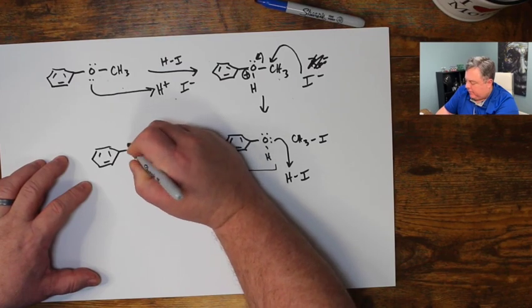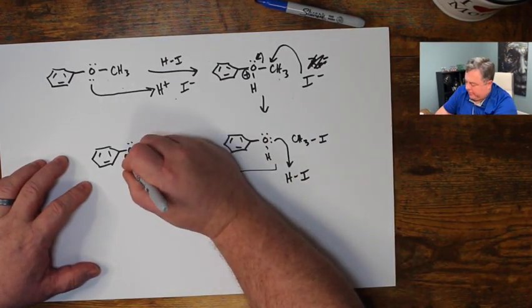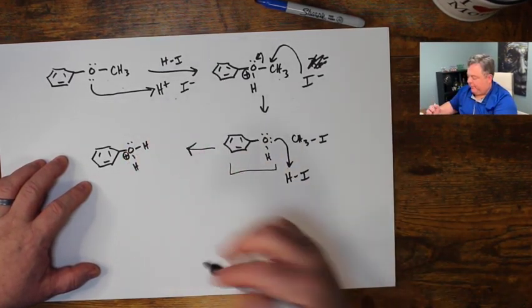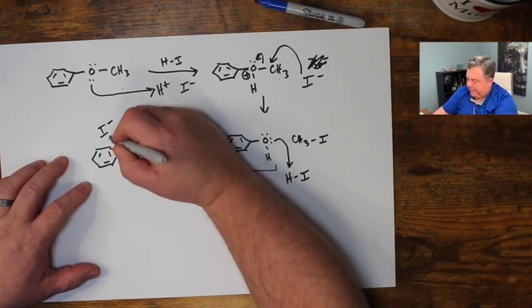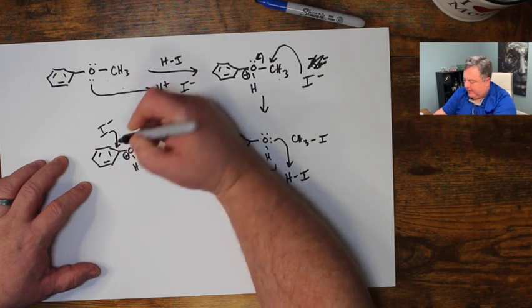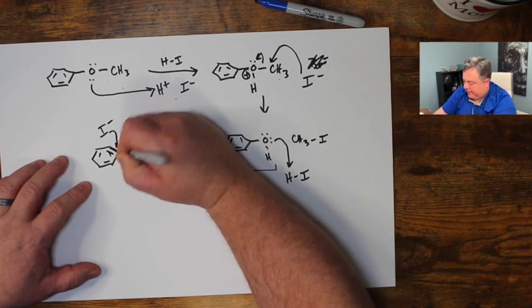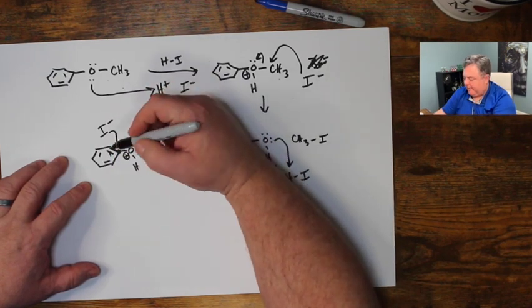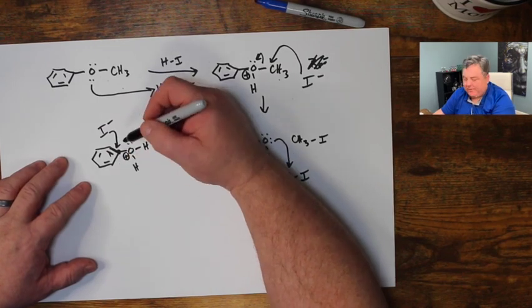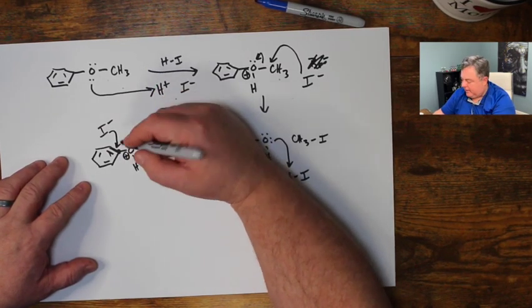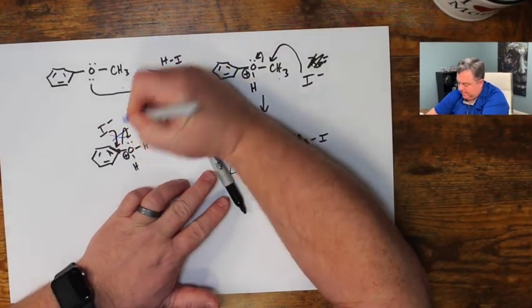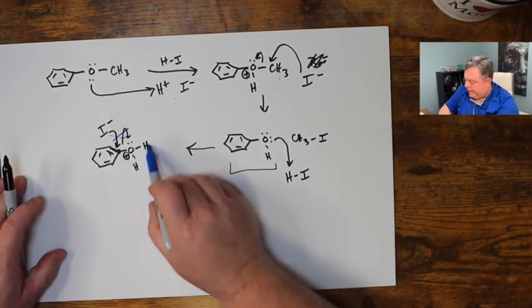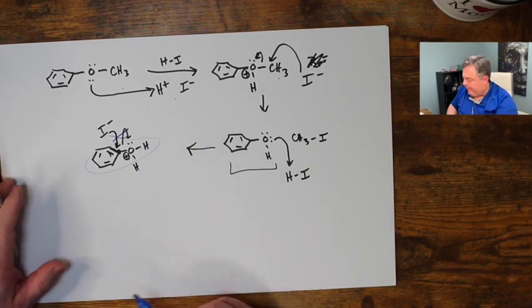Except now my phenol is protonated, +1 formal charge, good leaving group, except this can't happen. We can't attack a double bonded carbon atom with our I-. We can't backside attack. It doesn't want a carbocation. So this part is not going to work. So that means we're stuck with the phenol.